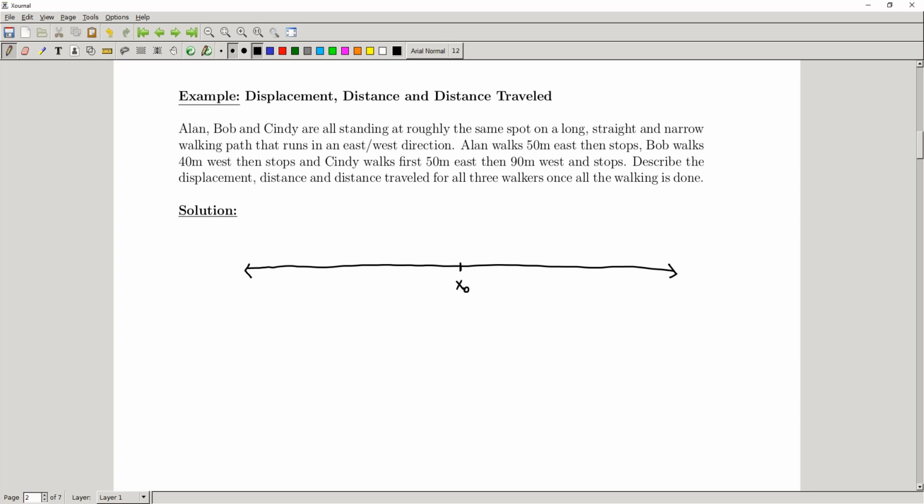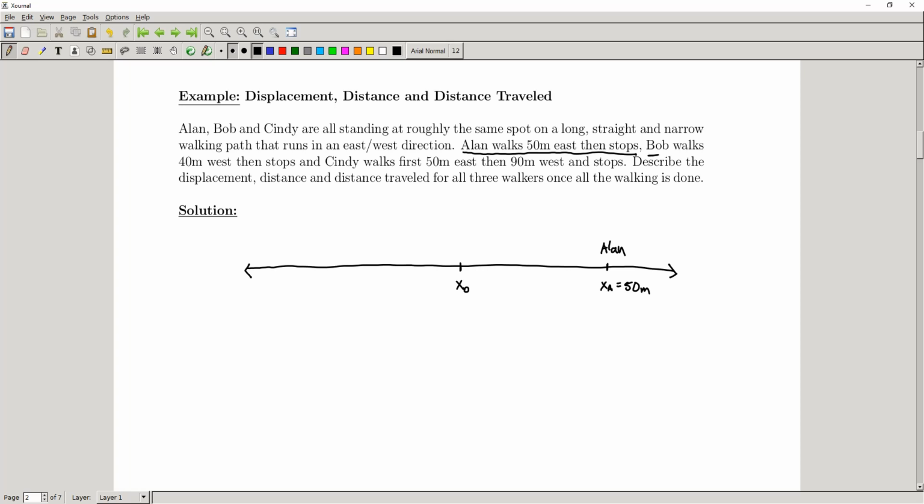We can call that x naught. Then we know that Alan walks 50 meters east and then stops, right? So let's say this is 50 meters. We'll call this XA, and this is equal to 50 meters. Alan walks here and stops.